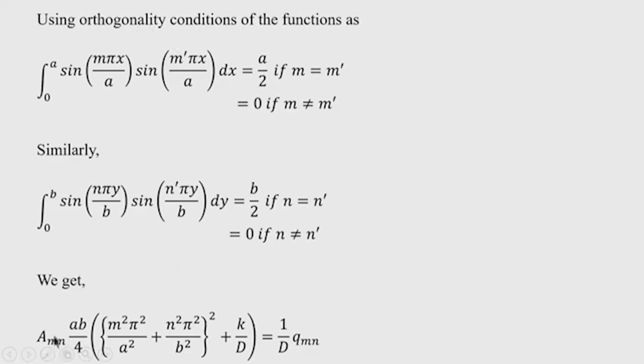So, after doing this operation and using the orthogonality condition, ultimately we get rid of the summation term and we get A_mn, that is the most important coefficient of our deflection series. In general the term A_mn, with m and n varying up to infinity, are integers, and different combinations of m and n are possible, say m equal to 1, n equal to 1; m equal to 1, n equal to 2; m equal to 1, n equal to 3; like that different combinations are possible.